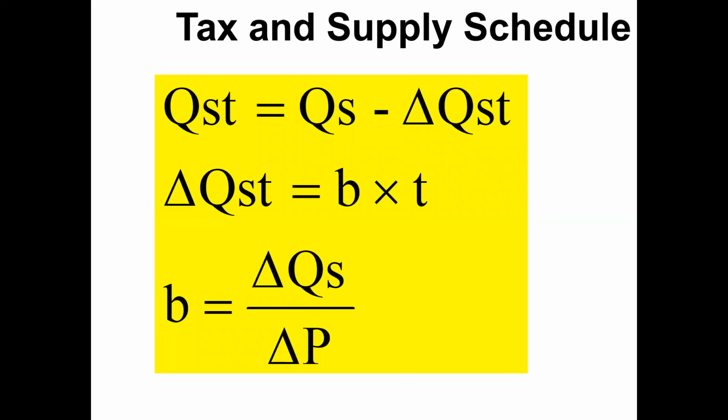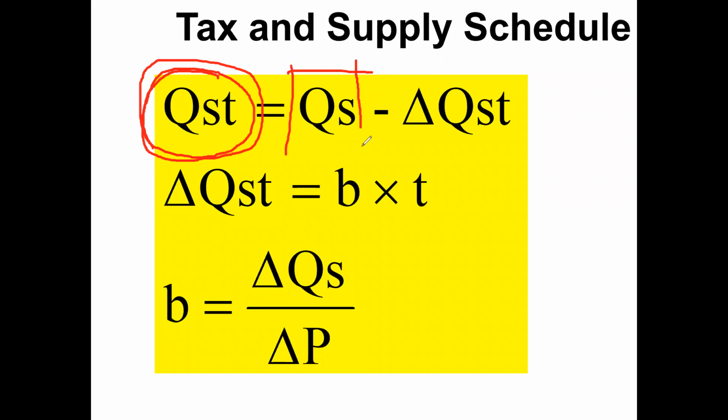Okay, then write the terms down. QST equals supply quantity after tax. QS equals supply quantity before tax.